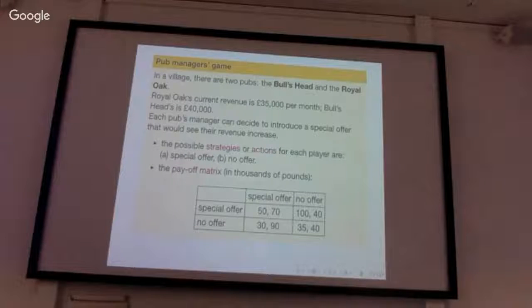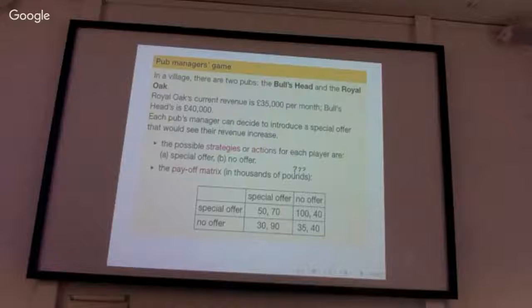There is another problem, which is that it says the payoff matrix is in thousands of pounds. Because we said it's just a number which expresses whether something is more preferable to something else. But I took this example from somewhere.